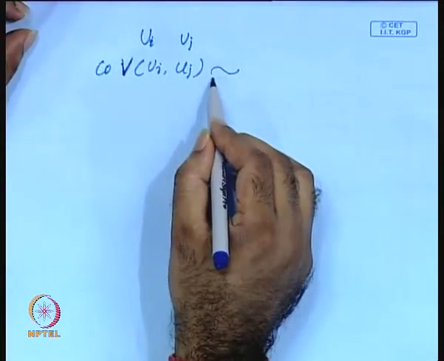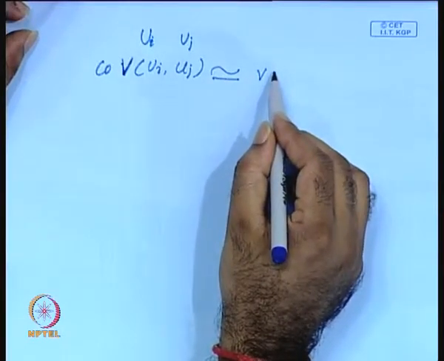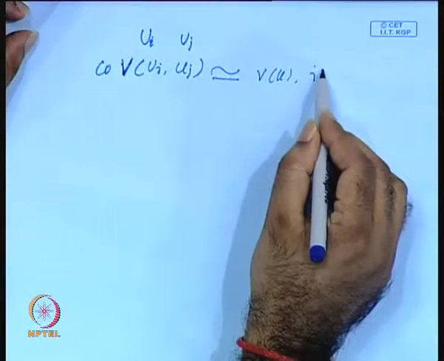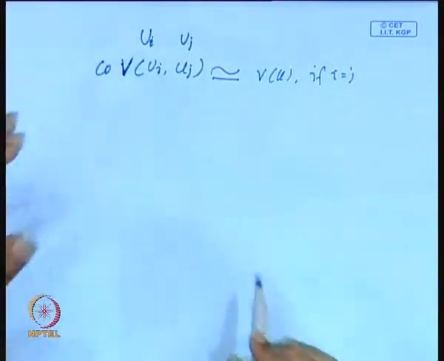Now, this covariance of ui, uj can be equal to the variance of u provided i equals j. So, when we say the variance of the error term should be constant, or unique, then the covariance of ui, uj should be constant for i equal to j, and this particular setup is called homoscedasticity.